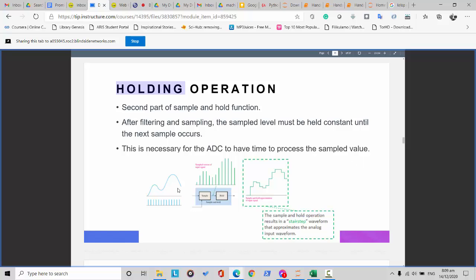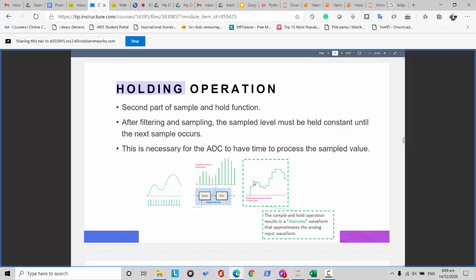If we have the example here, we have the analog input, we have the sample signals here, some impulses, and then we have the sample and hold circuit here. The sample and hold operation results in a stair step.